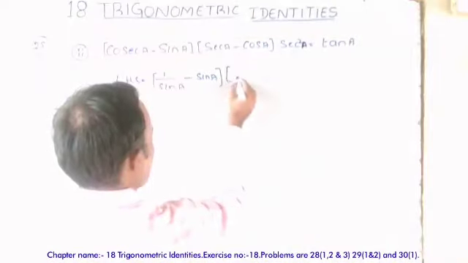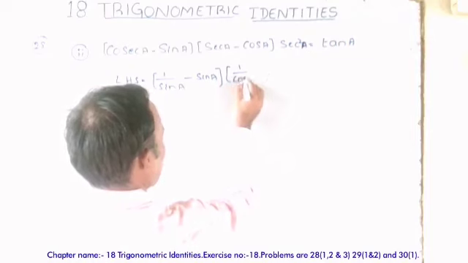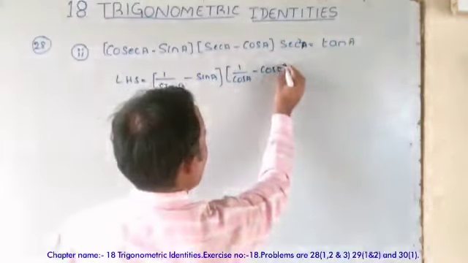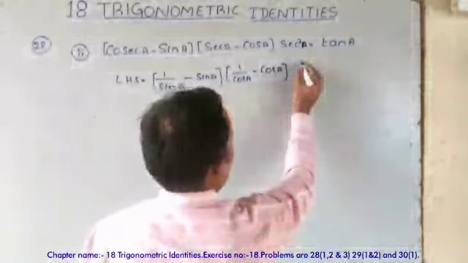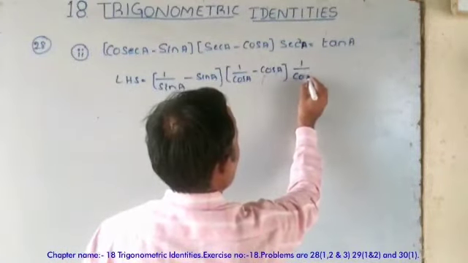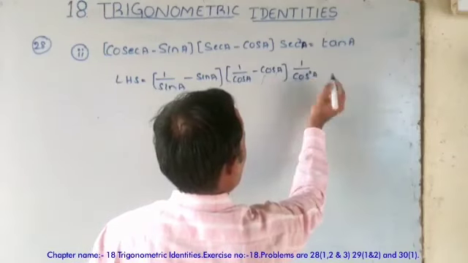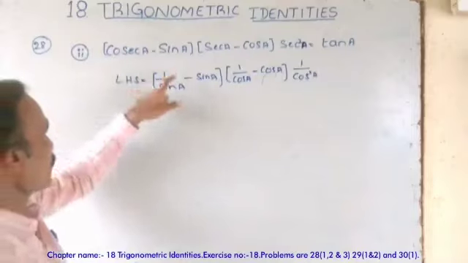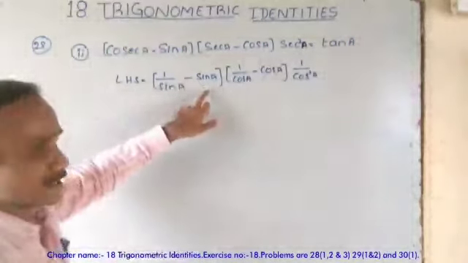Secant A can be written as 1 by cos A minus cos A as it is. Secant square A can be written as 1 by cos square A.